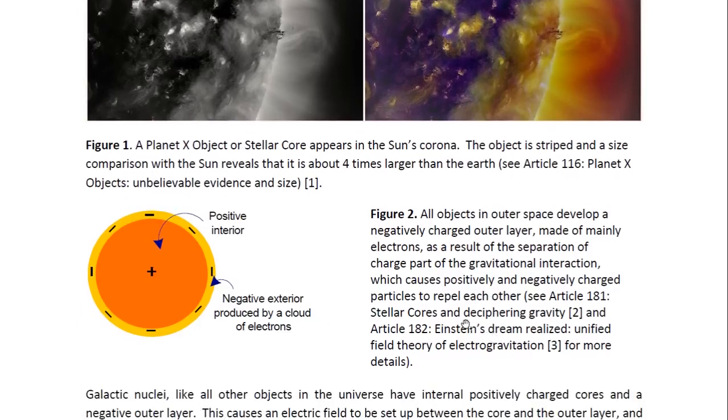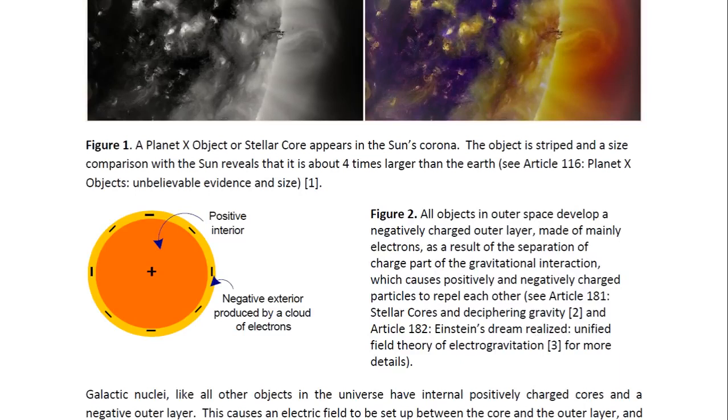You may find more information in Article 181, entitled Stellar Cores and Deciphering Gravity, and Article 182, entitled Einstein's Dream Realized, Unified Field Theory of Electrogravitation, which explains how gravity really works.